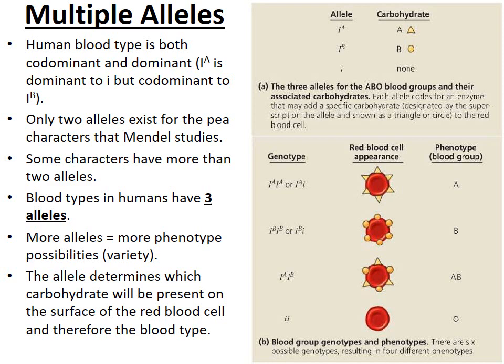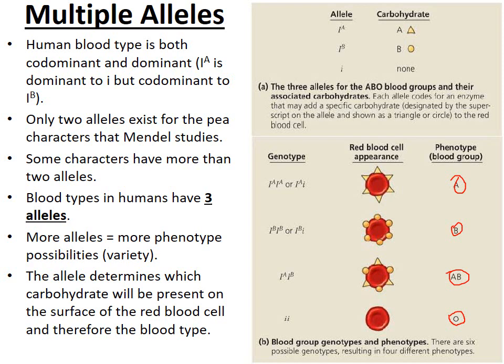So here we have the different blood types that can exist in humans. We have type A, B, AB, and O. And the type of blood that you have determines your ability to donate blood to other people or to receive blood from other people. Now, blood type is genetically determined.